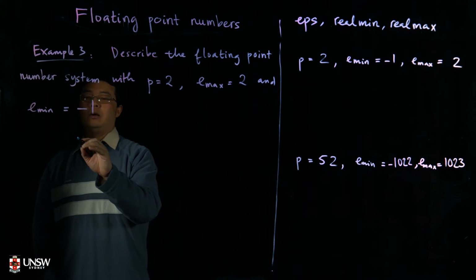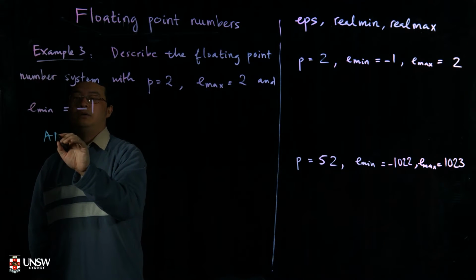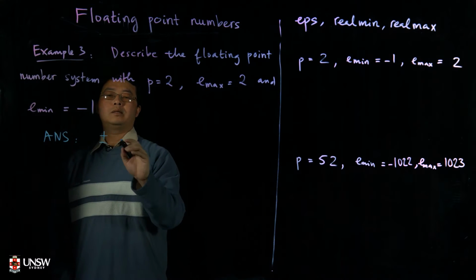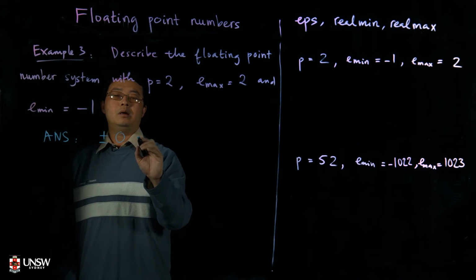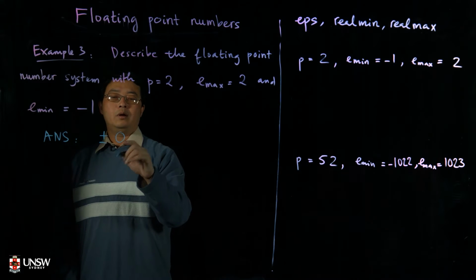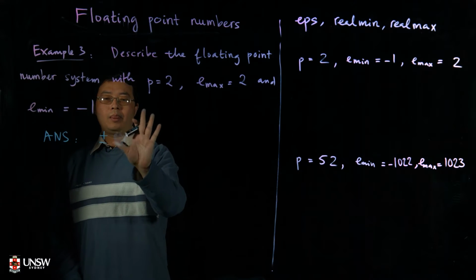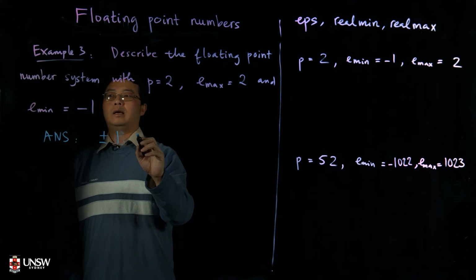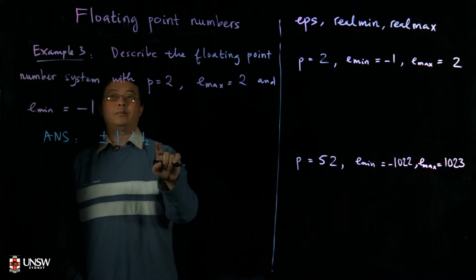So a floating point number in this system can be represented by plus or minus, and because it's a normalized number, the first digit has to be 1. Then the next digits will be D1 and D2, up to DP.